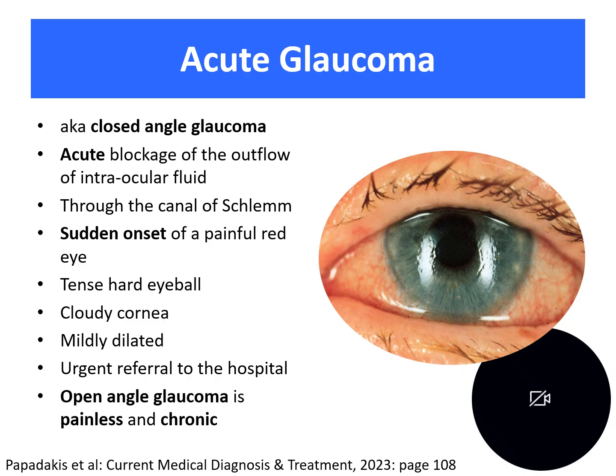If not relieved in 24 hours, you can have permanent damage to the optic nerve due to the raised intraorbital pressure. Open angle glaucoma or chronic glaucoma is painless and therefore will not present with acute or sudden onset of a painful red eye.